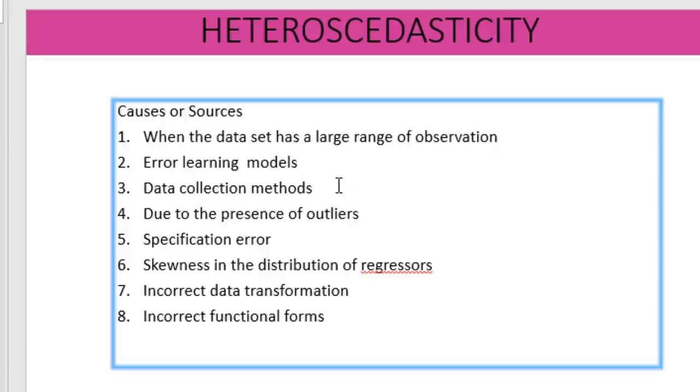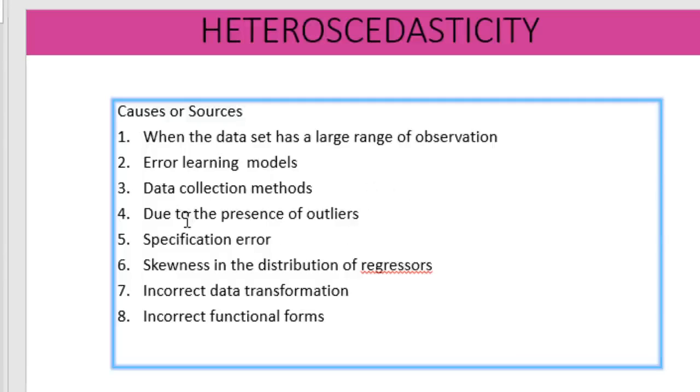The next one is data collection techniques. As the data collection techniques improve, sigma i square is likely to decrease. That is, if we use a better data collection method, there will be variations in the variance across different categories of people.